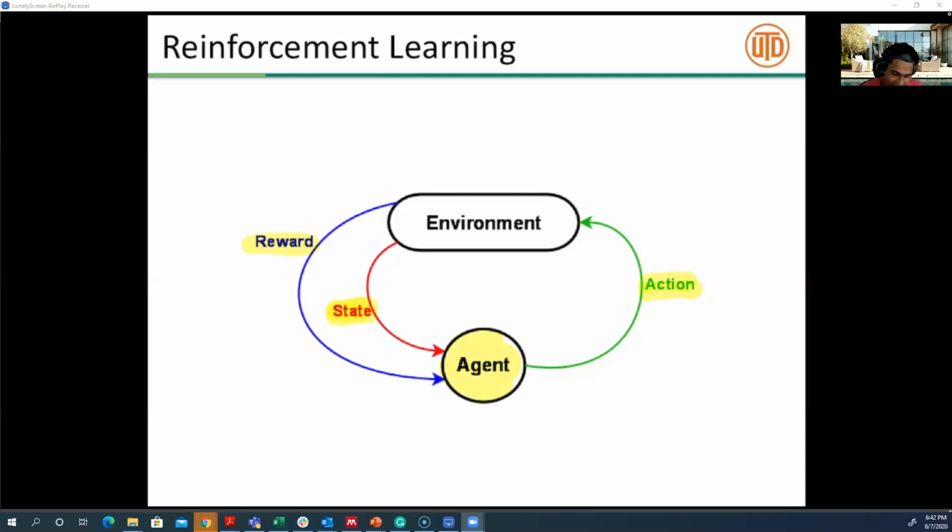So the agent essentially maintains inside what is known as a policy that helps it take actions. Okay, so this is again a very, very high, 15,000 meter high view of reinforcement learning. Maybe I'll have some special topics where we discuss reinforcement learning in more detail.